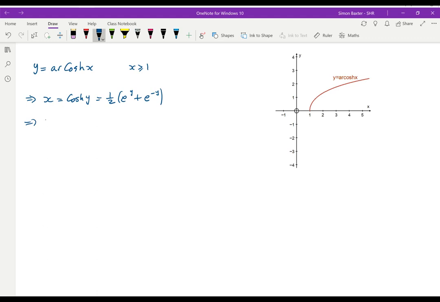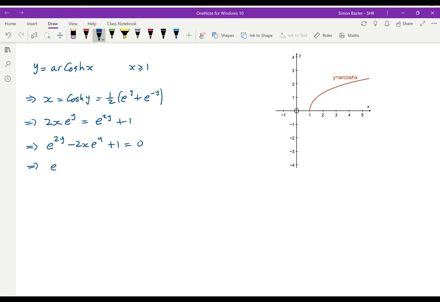Multiplying both sides by 2, and also by e to the y, we get e to the 2y plus 1, very similar to the last one. Tidy that up, we get e to the 2y minus 2x e to the y plus 1 is 0.